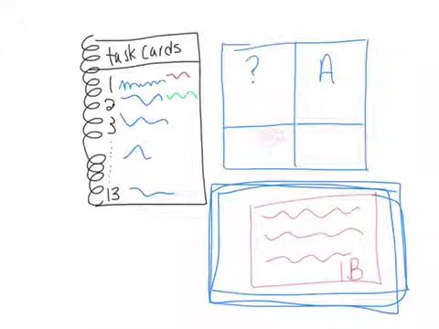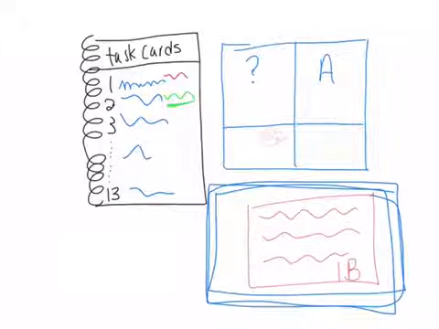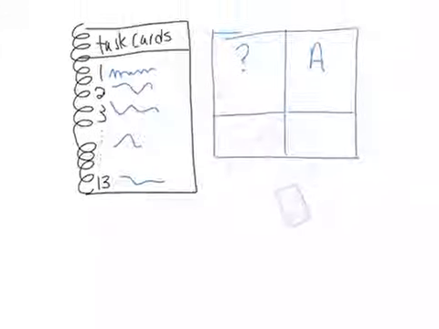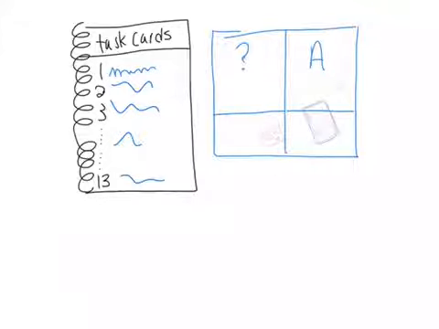That way you know either you got it right or you got it wrong, but you still know what the right answer was. Once you're done answering all 13 of the questions and finding out the answers, make sure you put your cards back into the folder so that the next class can use them.